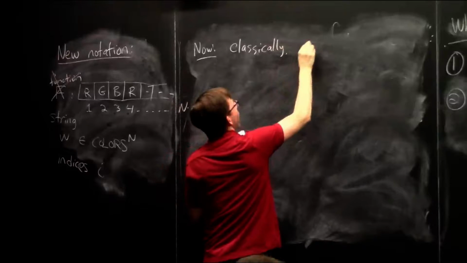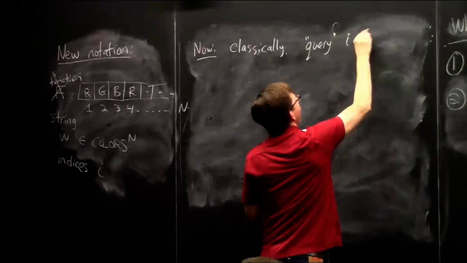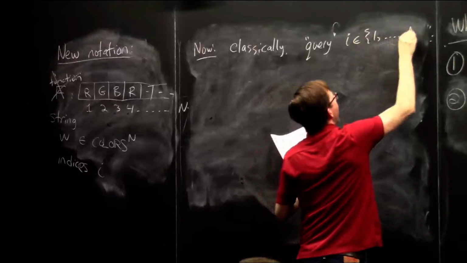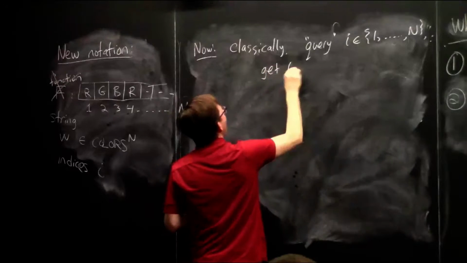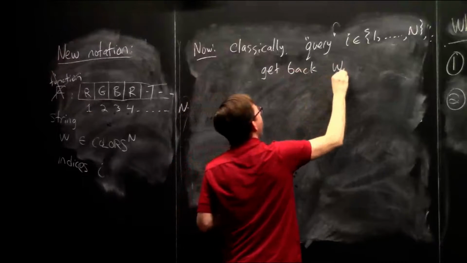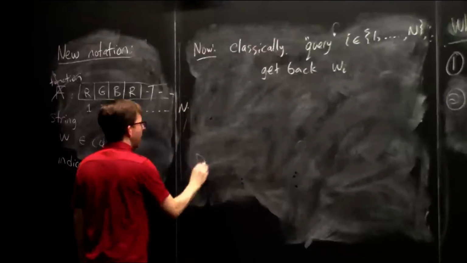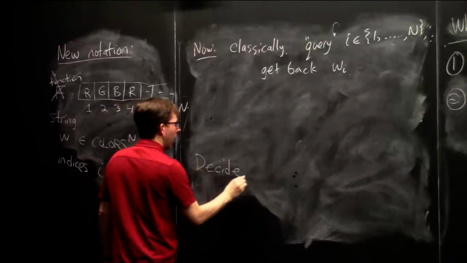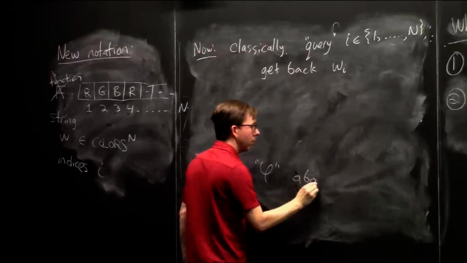So just under this notation change, in the classical model, the setup is that you query i of your choice from 1 up to capital N. And then you get back w sub i. And all the while, you're trying to decide some problem phi about w.